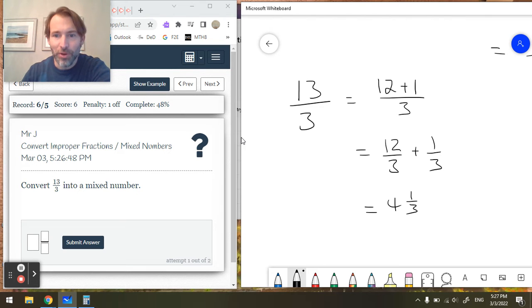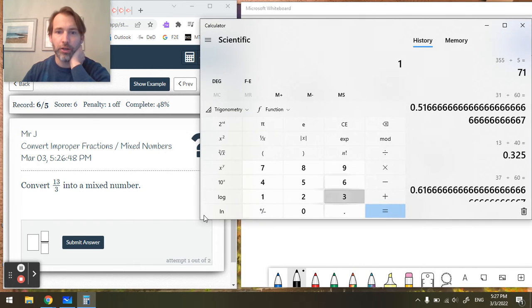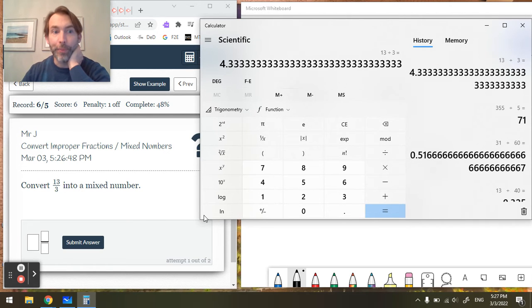So that's how that one would break down and crumble before your mathematical might. Other ways to think about this one? Well, I multiply 3 as many times as I can to go into 13, and that would be 4 times. Or I just divide 13 by 3. On a calculator, 13 divided by 3 equals 4 and then something.